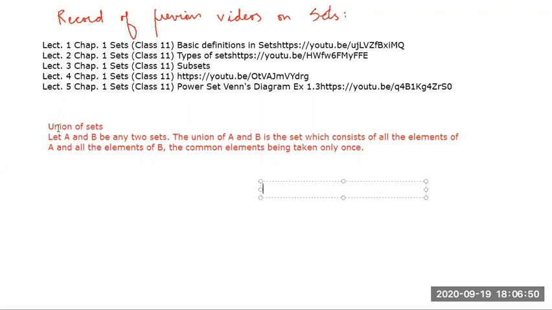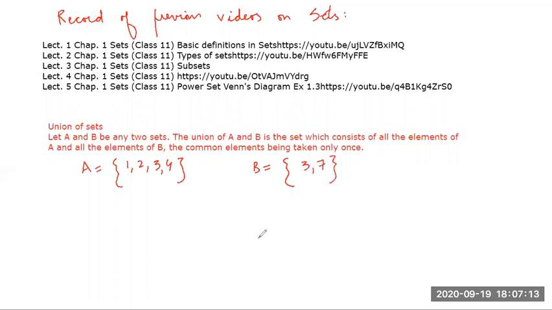Let's discuss what is the union of sets. So, students, let A and B be two sets. Let A is equal to {1, 2, 3, 4}. It has 4 elements. Let B have just 2 elements, 3 and 7.